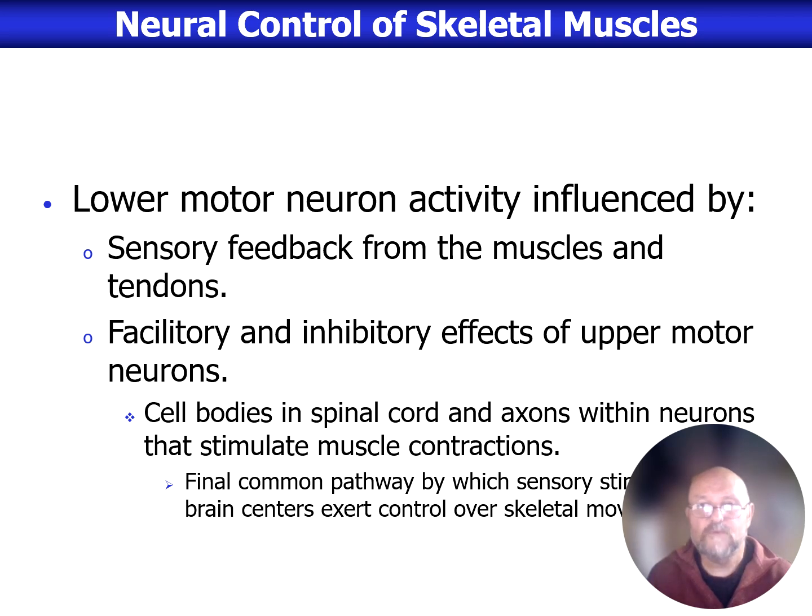So lower motor neuron activity can be influenced by feedback from the muscles and the tendons themselves. This is actually a very important feedback because this is proprioception. So what is proprioception? It is a sense within the body that allows your brain to know how long every one of your 630 odd muscles are at any given time.